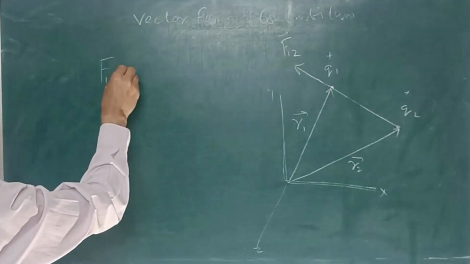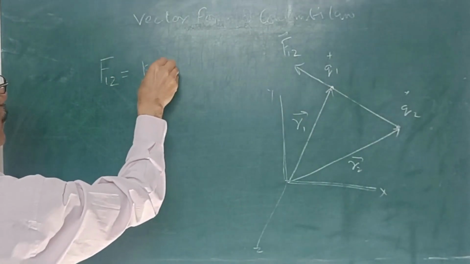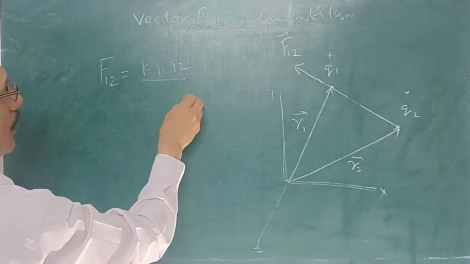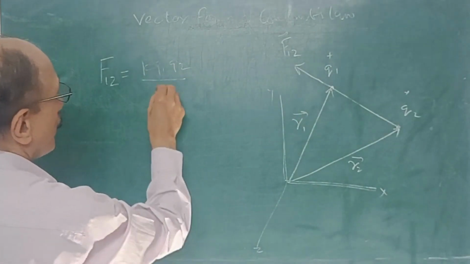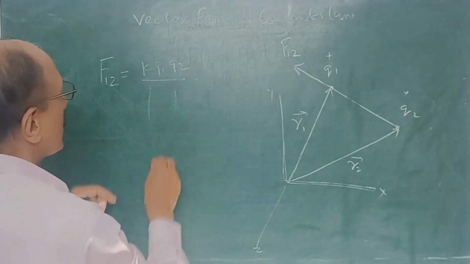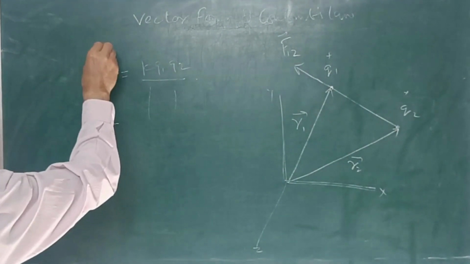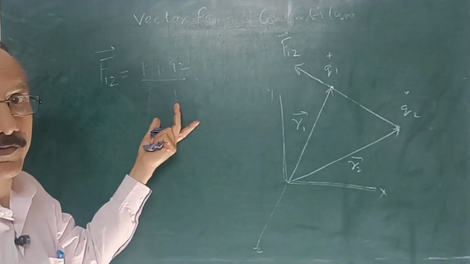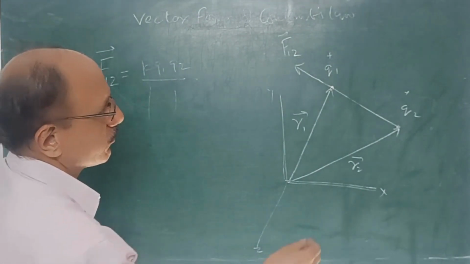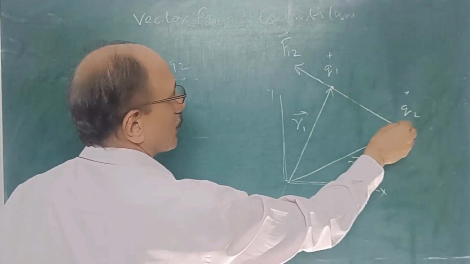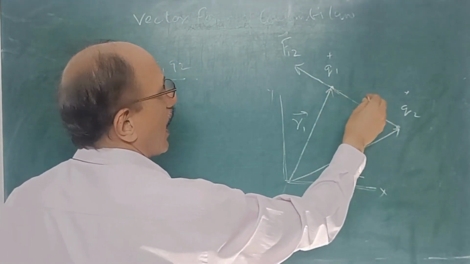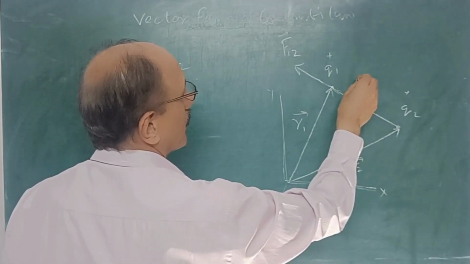So here it will be K Q1 Q2 upon R square, and still it is a scalar quantity. To make it a vector, we need to attach a unit vector, and that unit vector should be along this. So this is nothing but the R21 vector.